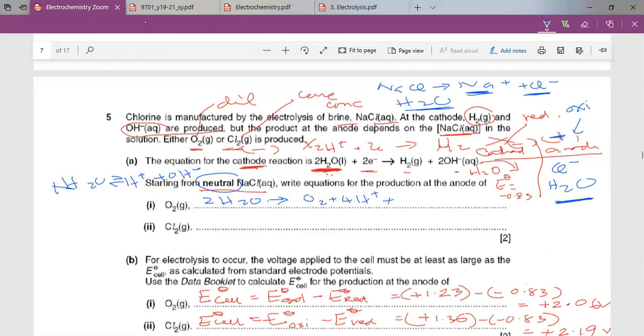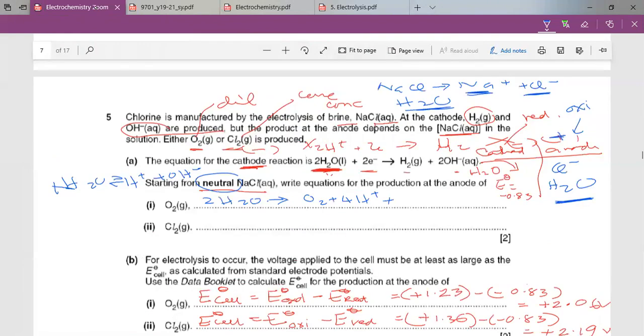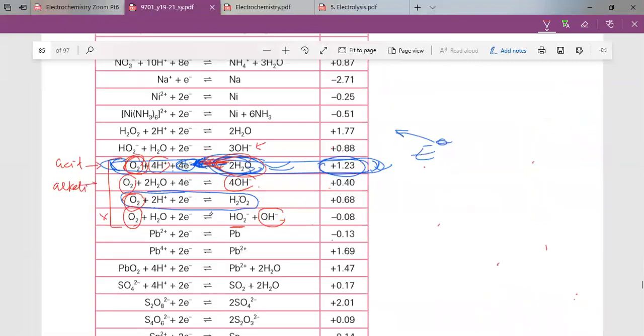Check again. Even I forget. It's plus 4e. Of course, it's good to know here what the E naught value is. In this direction, meaning backwards, it's minus 1.23.